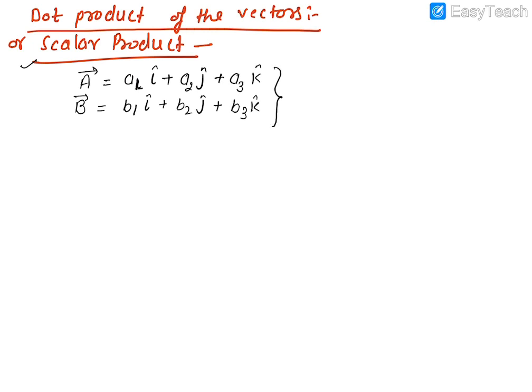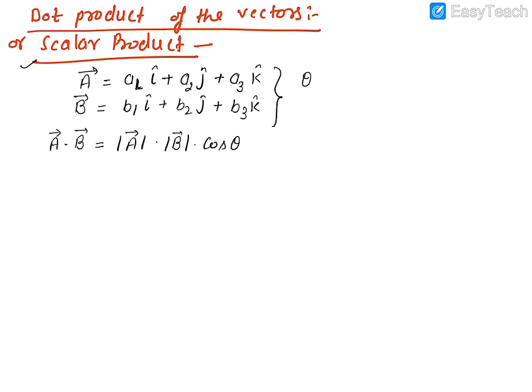Suppose the angle between these two vectors is theta. Then the scalar product or dot product of these two vectors is a dot b equal to mod of a vector into mod of b vector into cos of theta, the angle between these two vectors.